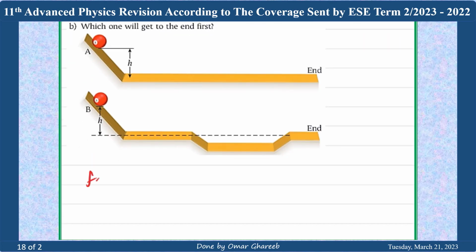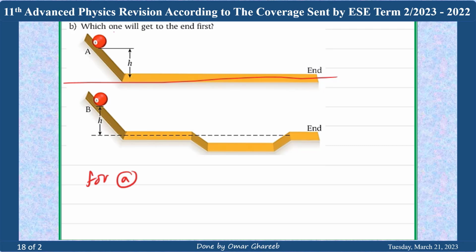For A, consider this as the reference level. Then kinetic energy up plus potential energy up equals kinetic and potential energy down.